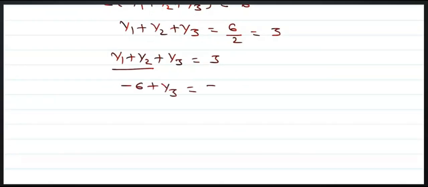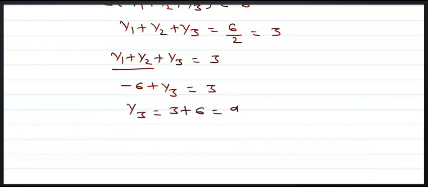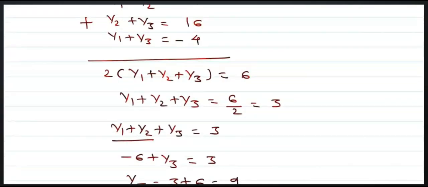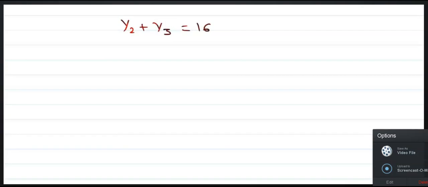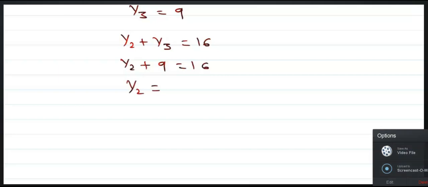If we substitute their values, y1 plus y2 is minus 6, so minus 6 plus y3 is equal to 3. Therefore, y3 is equal to 3 plus 6, which is equal to 9. y2 plus y3 is equal to 16, so y2 plus 9 is equal to 16.